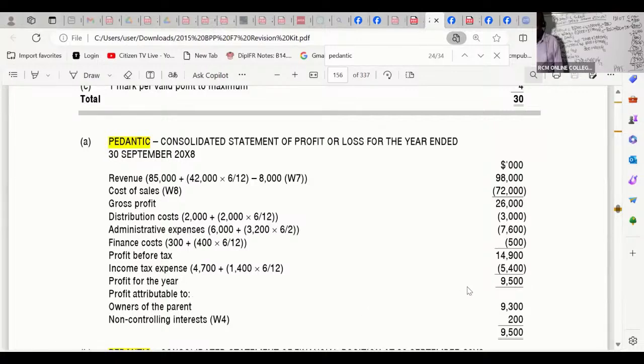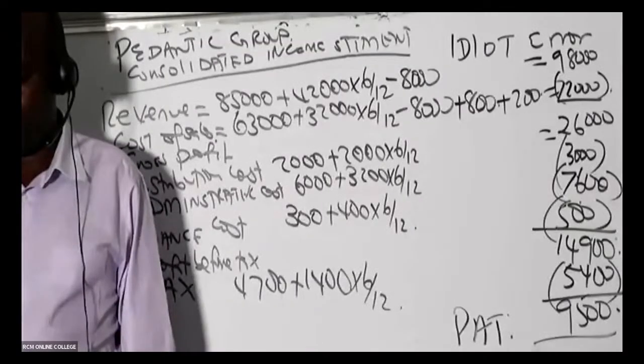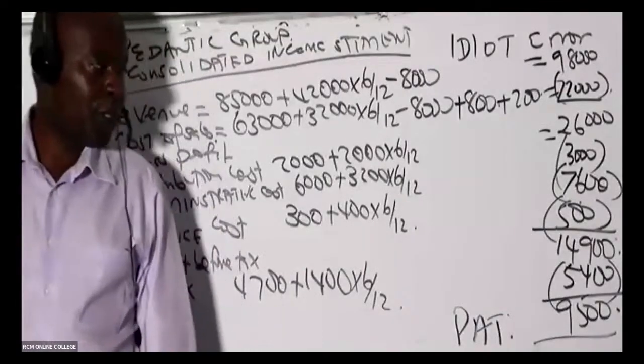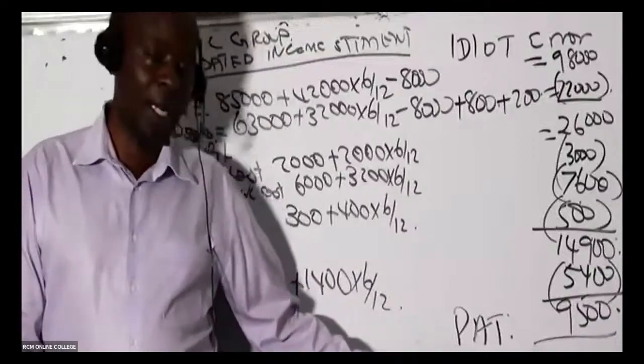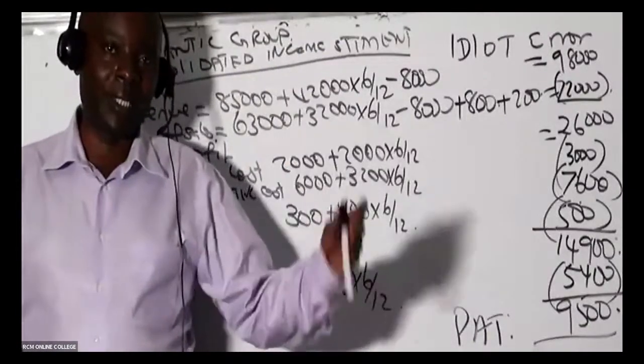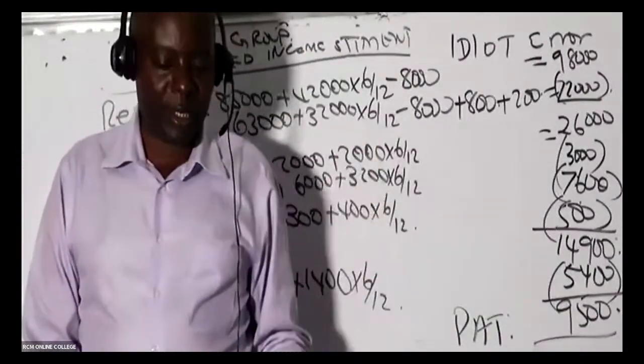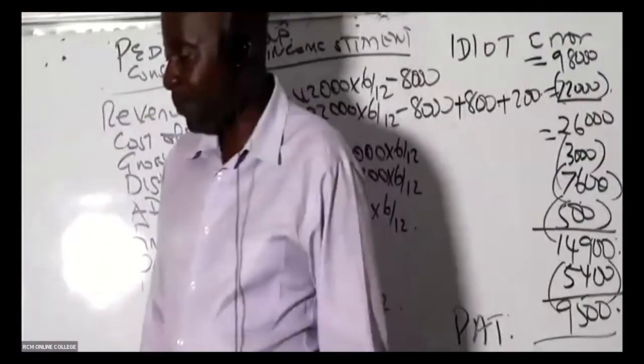Don't go into these other semantics. This should be enough. Because if you wish, you know what is going to the NCI, and already you have calculated the share of the parent, but don't go into that. That will never give you any mark.